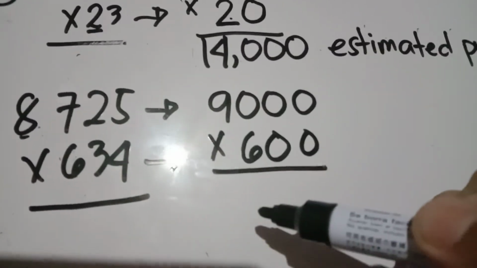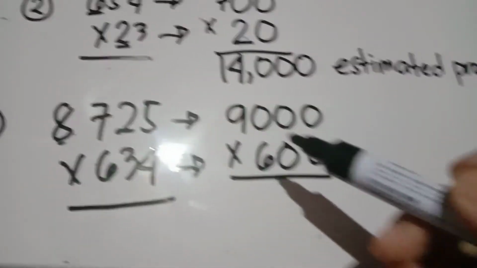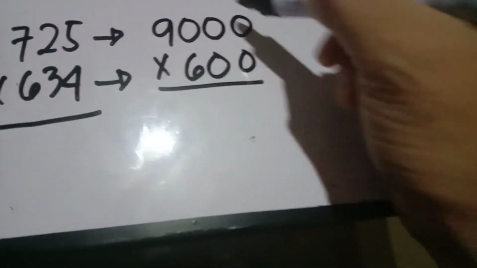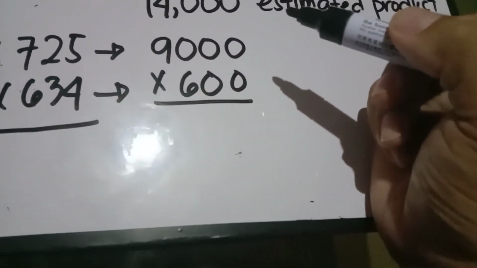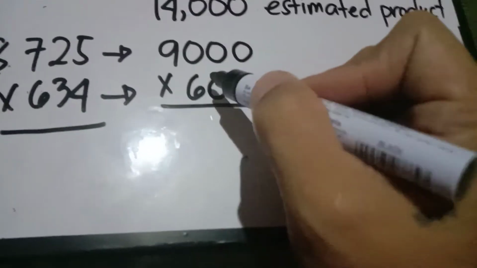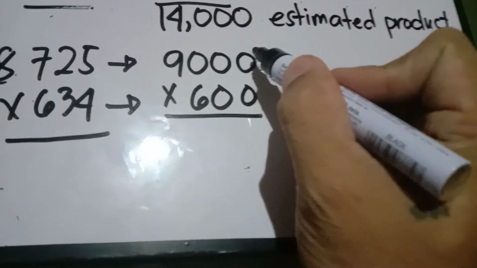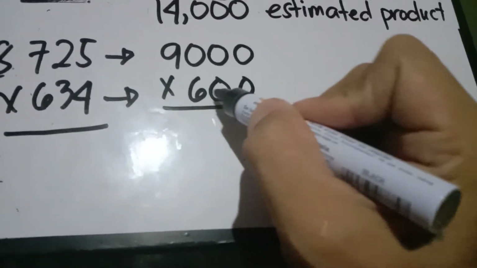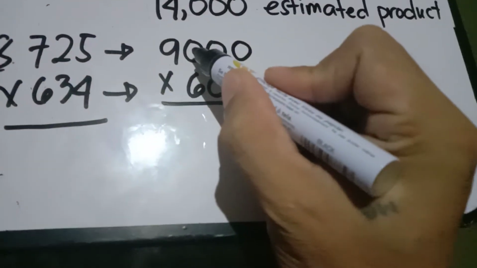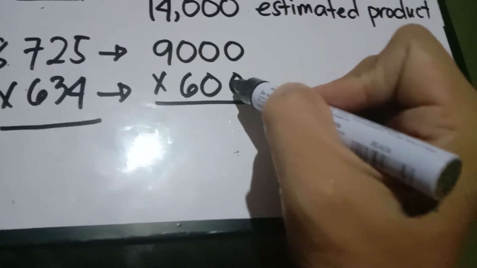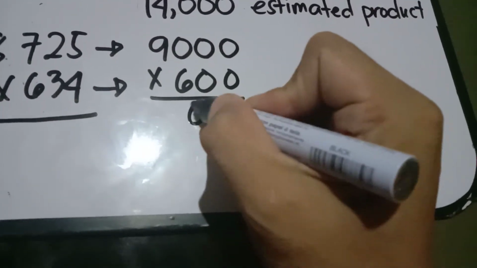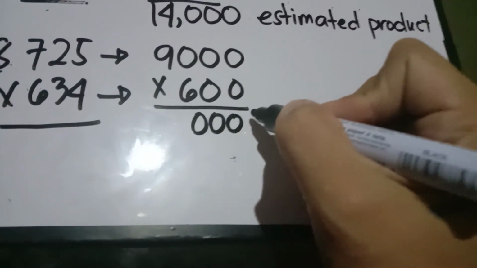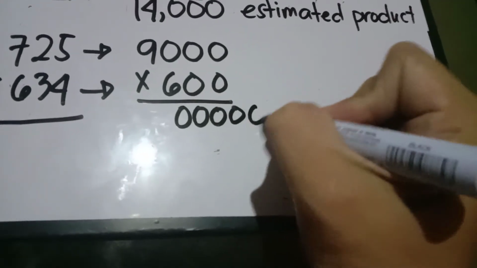And proceed tayo sa second step, which is multiply the new factors. So again, para mas madali, para mas mabilis, let's just count the number of zeros na makikita sa multiplicand and multiplier. So we have 1, 2, 3, 4, 5. So there are 5 zeros. So isusulat din natin yung 5 zeros sa sagot.